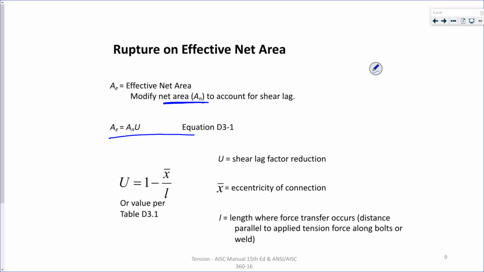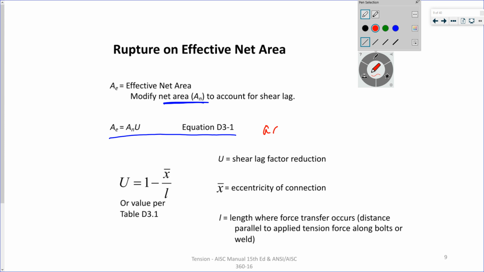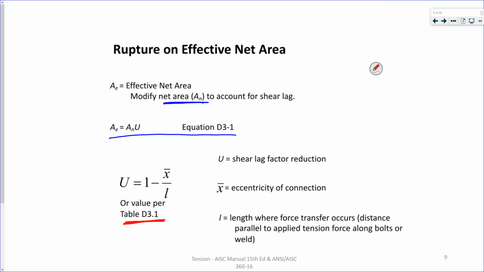We already talked about that. And it tells us how to calculate U, according to table D3.1, which is just on the next page.